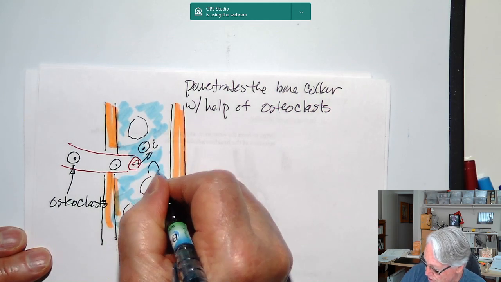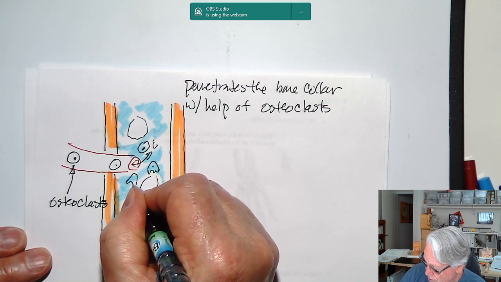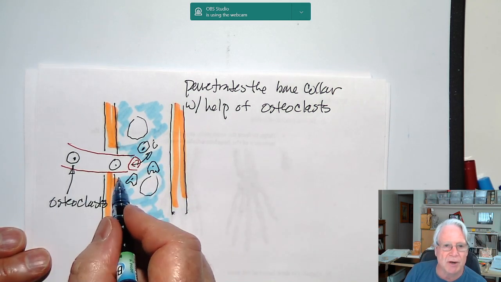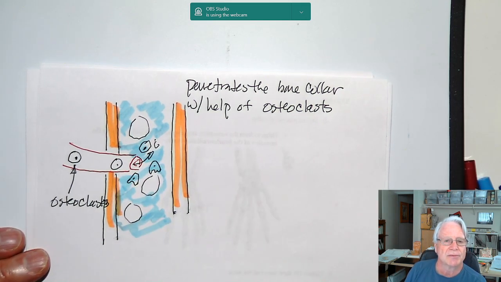They're going to start eating their way through not just the bone, but the cartilage itself. That's calcified cartilage. So we're going to start clearing out a space, because we have brought in that blood, and the blood brings in the osteoclasts, and we're going to start clearing out a space there for what's going to eventually be bone tissue. Okay.